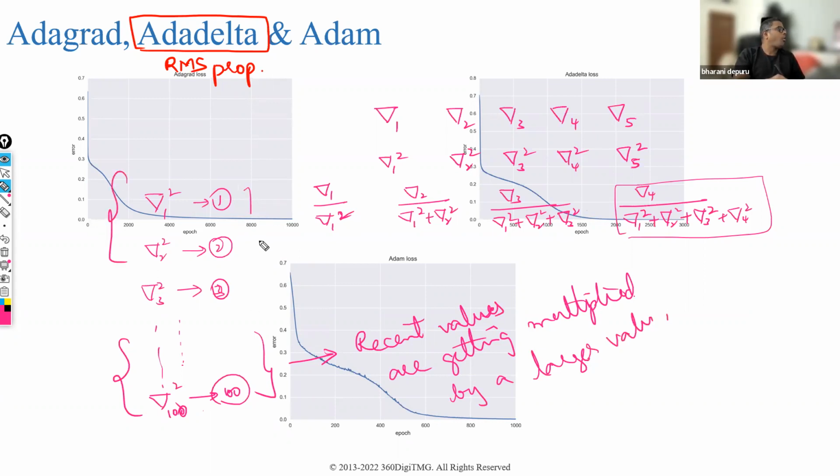And the old ones are getting multiplied by small values, by 1, by 2, by 3, etc. So this way, the running sum that we are going to maintain will be heavily determined by the recent gradients, and it will have less influence from the older ones. So the running sum of the gradients might increase or decrease based on the gradients we have applied most recently. This is called AdaDelta.